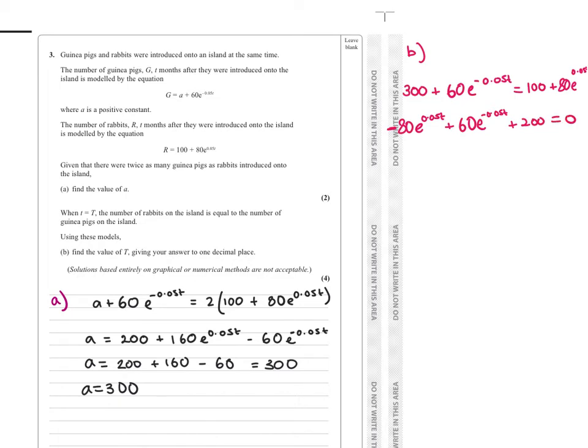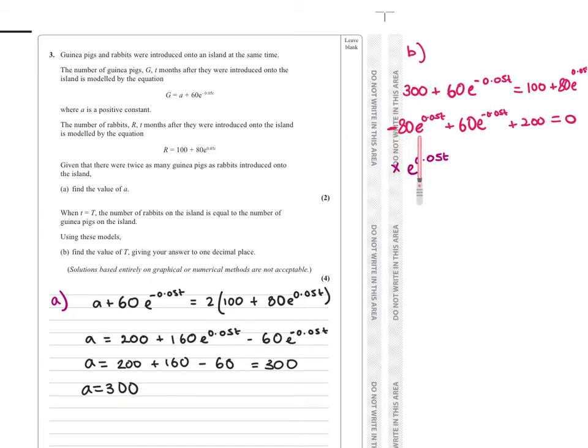Okay, this is basically a form of a hidden quadratic. So we're going to multiply everything first by e to the power of 0.05t. The reason why we're going to do that is you'll see in a minute.